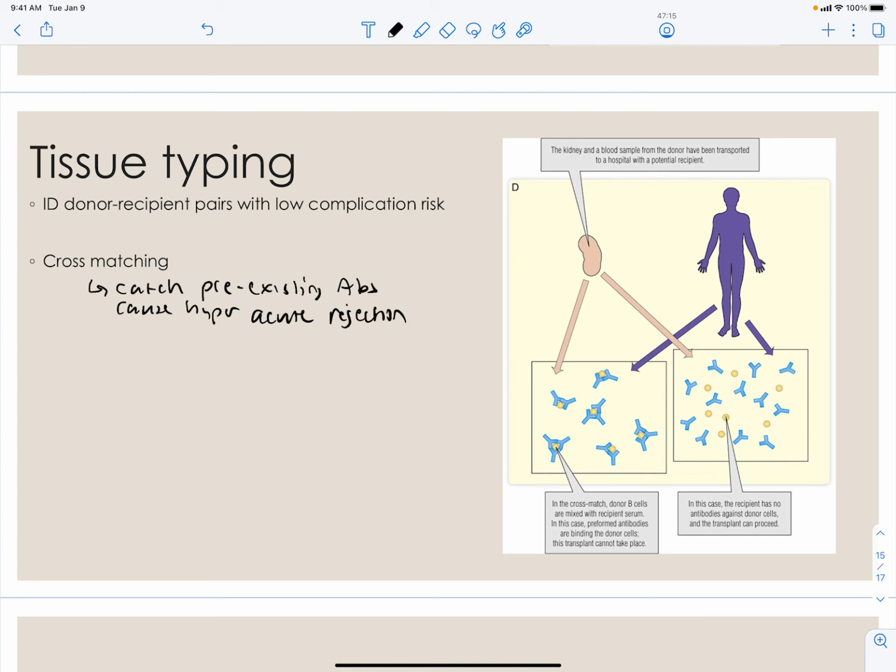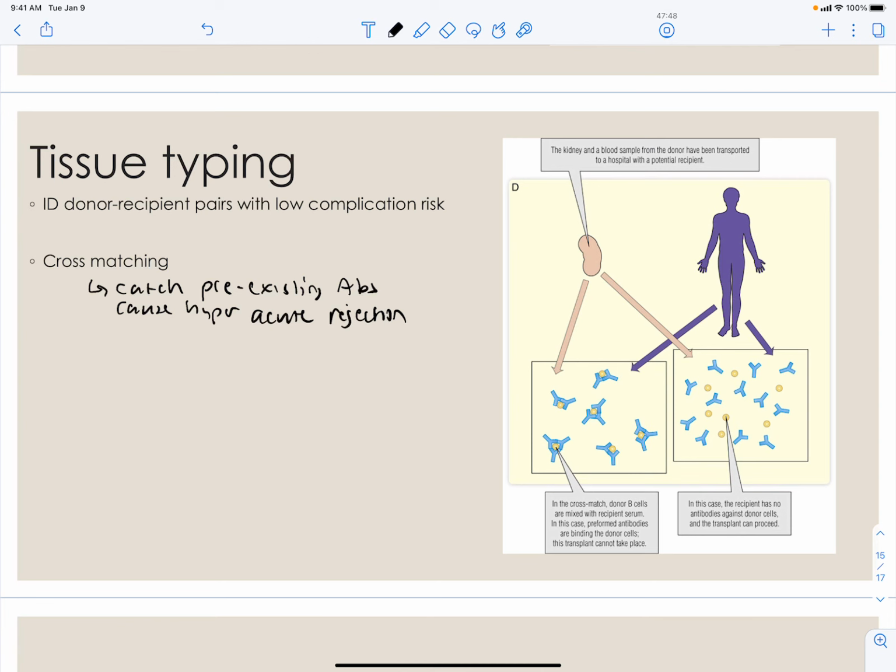You could have developed antibodies to ABO antigens because you had a blood transfusion, or it could have been a woman during pregnancy exposed to fetal blood, etc. There are many ways you can have these antibodies present, and it's important to check for them before you transplant the tissue, because you don't want the tissue to be rejected within an hour of the transplant.